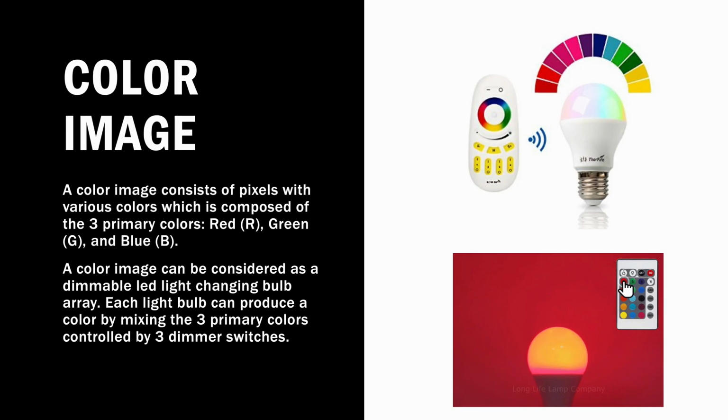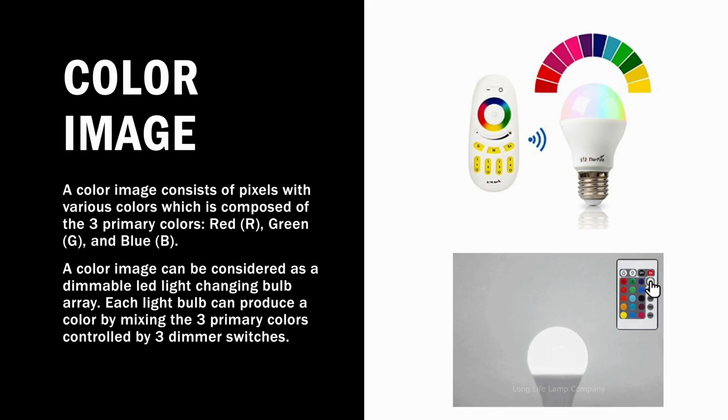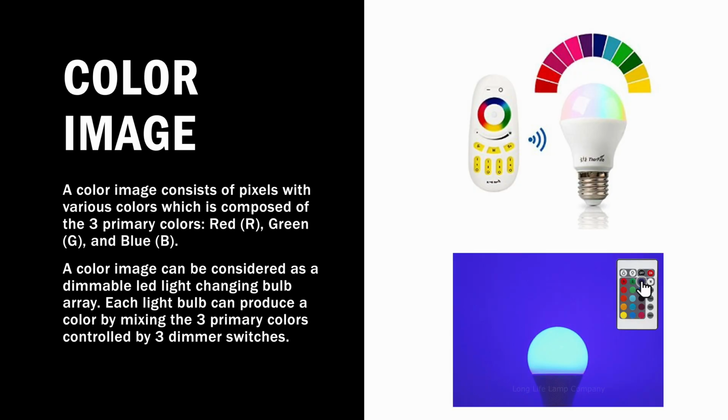A color image is composed of pixels that can display a wide range of colors. Each color is created by combining the three primary colors of light: red, green, and blue. By adjusting the intensity of these three components, a pixel can produce almost any color we see on a screen. You can think of it like a smart LED bulb that can change colors.